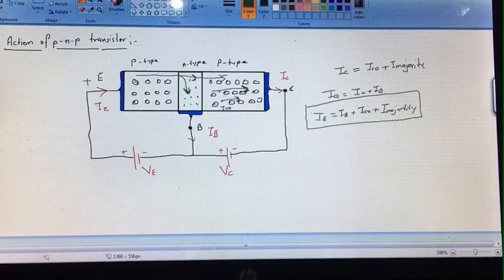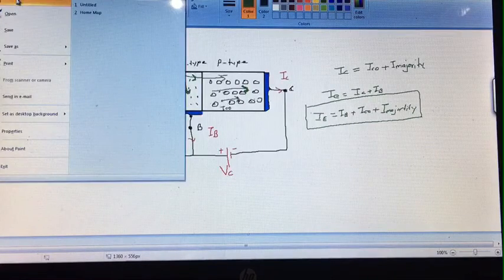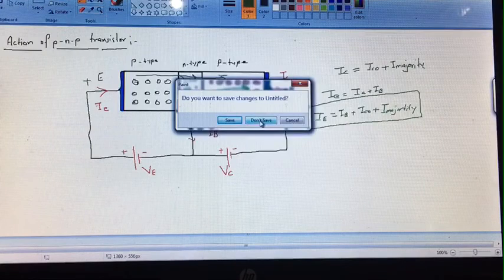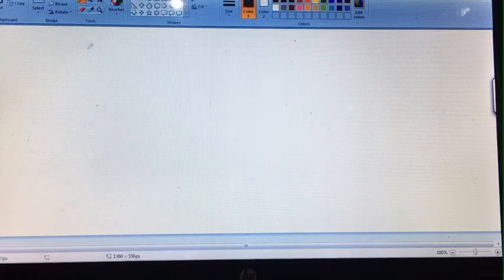Now we are going to discuss about DC current gain in configurations of transistor.